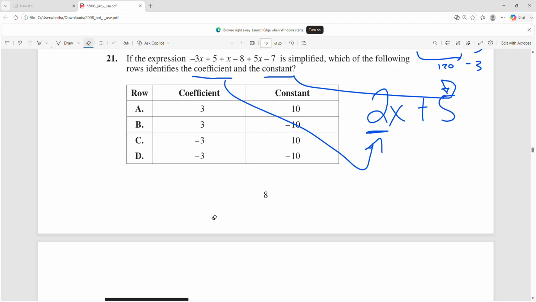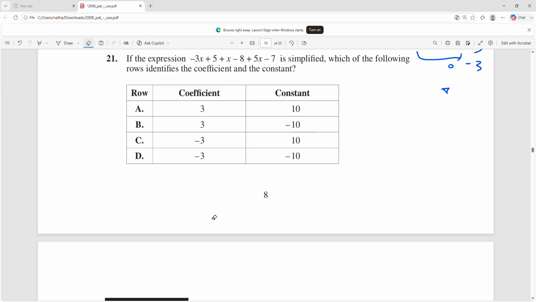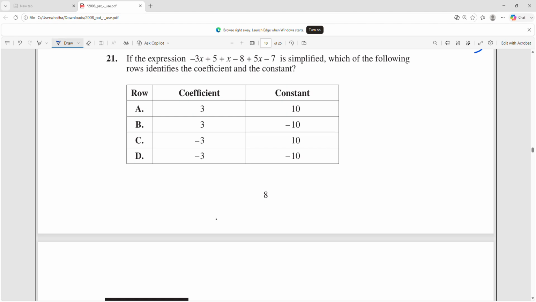All right, but that's not our equation. That was just an example. What we do need to do is simplify this first. We need to collect like terms. There's an x term, here's another x, and here's another x. So let's add those together. Minus 3x plus x plus 5x.